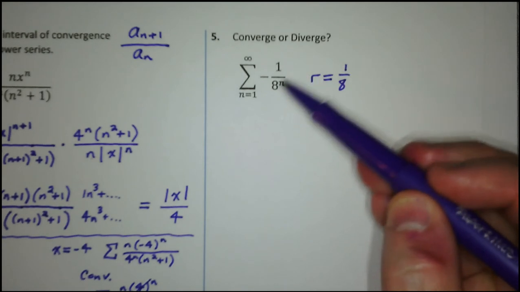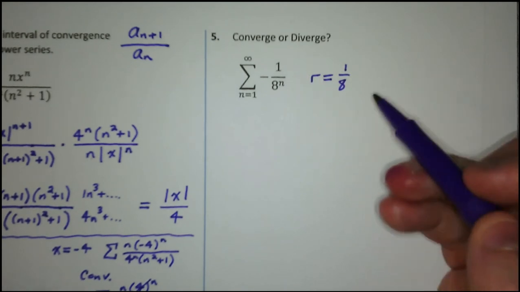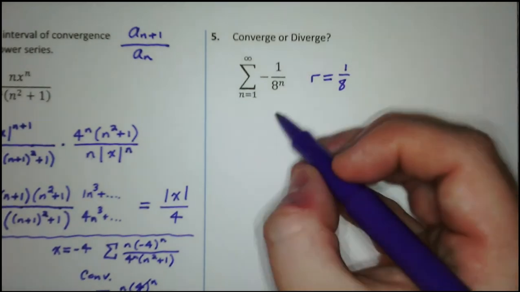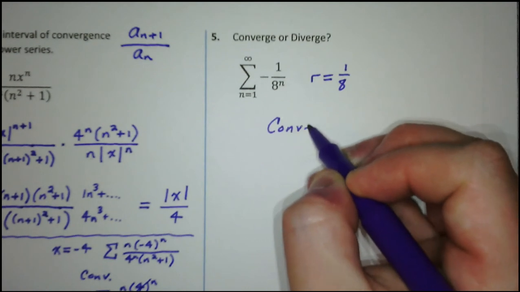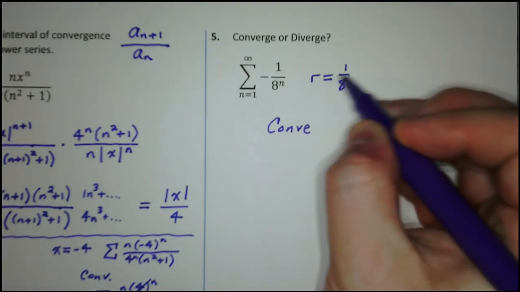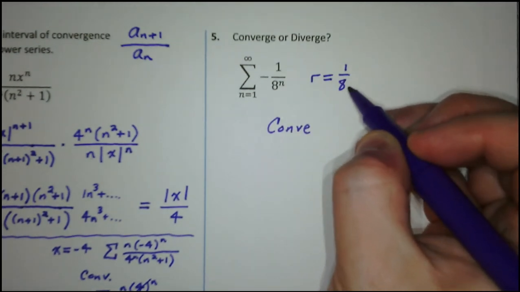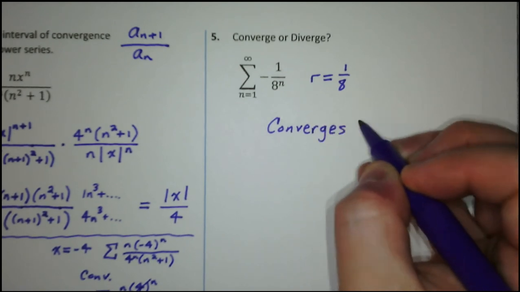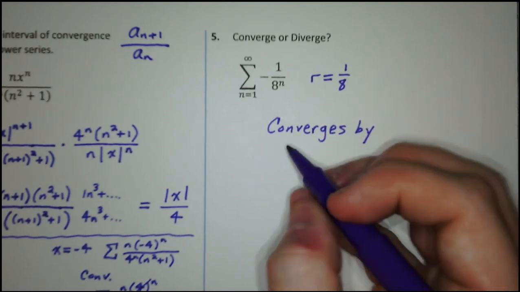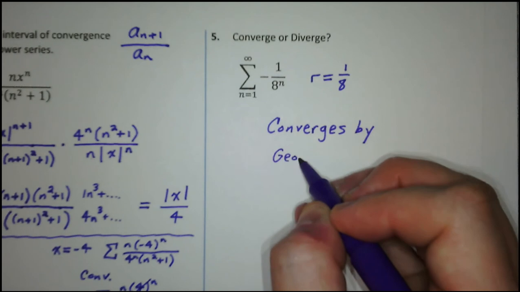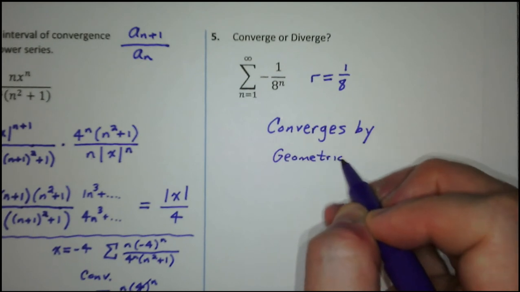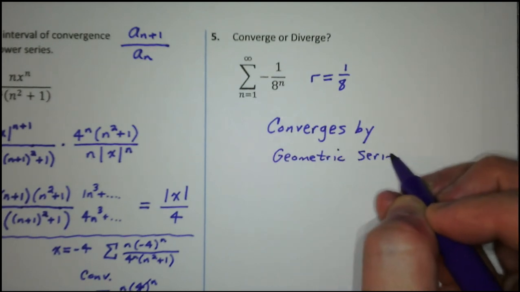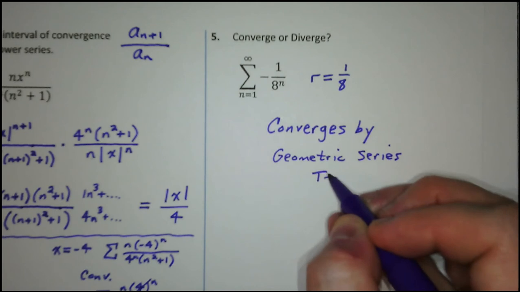So this is actually geometric, with r equaling 1 over 8. And because the r value is the right kind of r value for a geometric series converging, this converges by geometric series test.